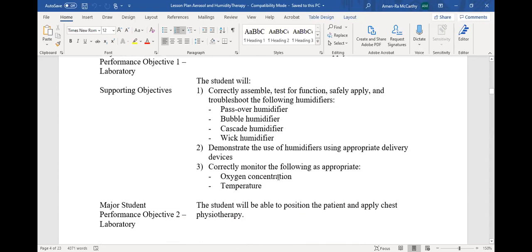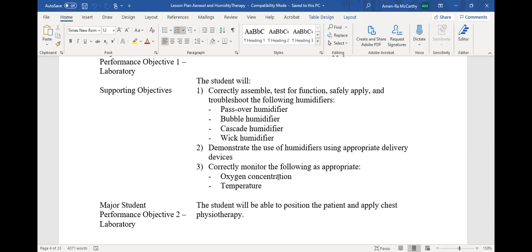As far as lab is concerned, you have to be able to correctly assemble the different humidifiers, test for the function, safely apply them, and troubleshoot the following humidifiers: the passover humidifier, the bubble humidifier, the cascade humidifier, and the wick humidifier.